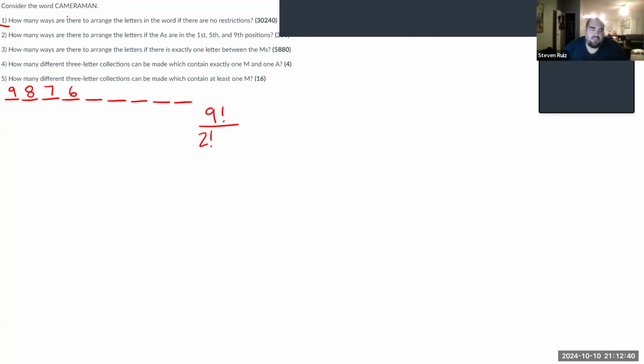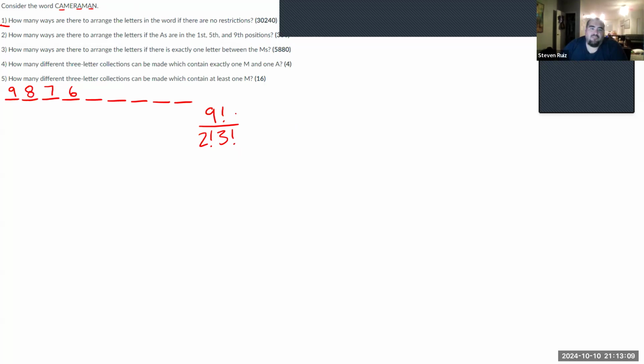The M's are identical to each other. The same is true for the A's. I have 3 A's, and let's say I were to rearrange the A's. How many ways are there to rearrange them? Well, there's the way they're in, and I could swap any 2 of them. But basically there are 3 factorial ways. There are 6 ways to arrange those.